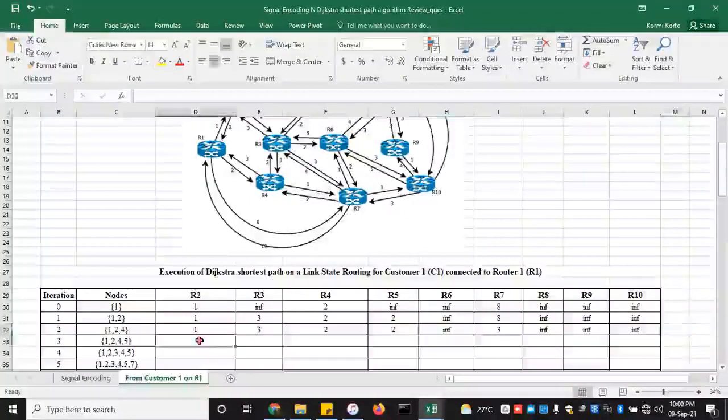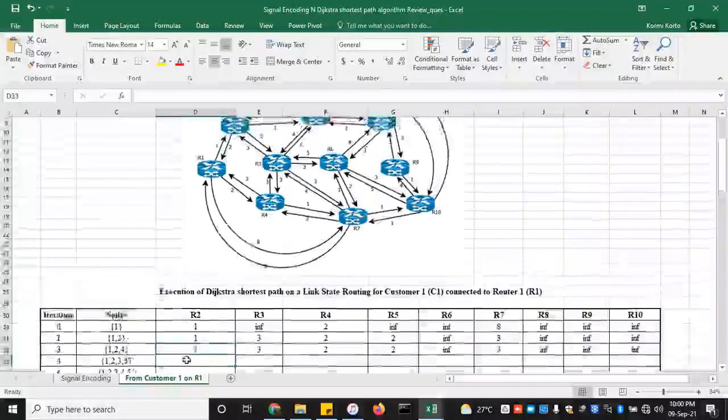Now let's move on to our fourth iteration. Now within our fourth iteration, we do actually have 4 nodes to work with. And the nodes include 1, 2, 4, and 5.